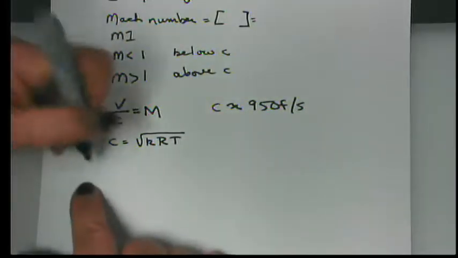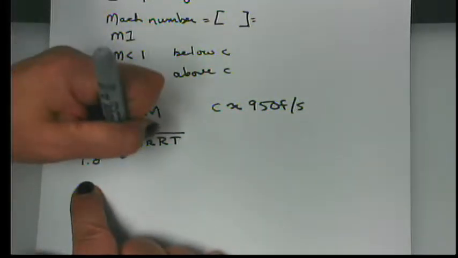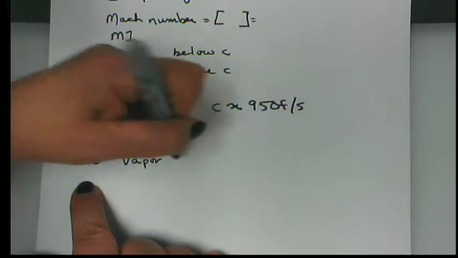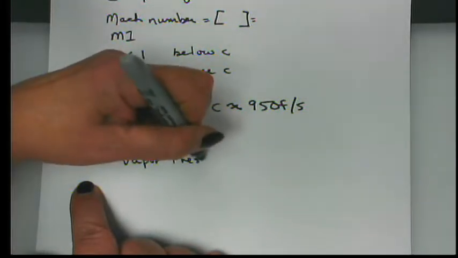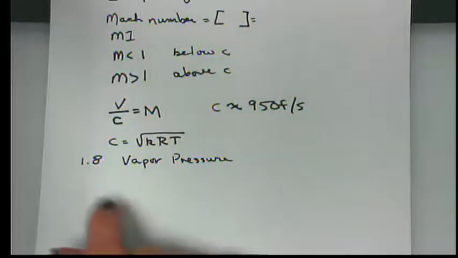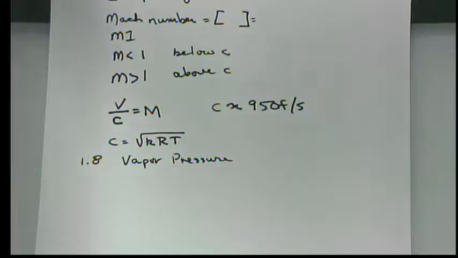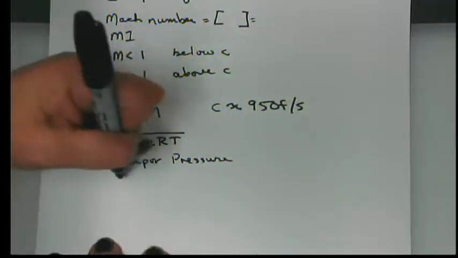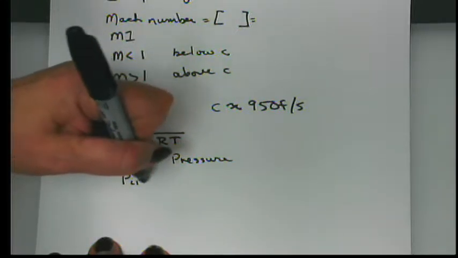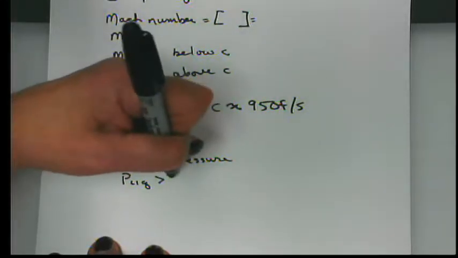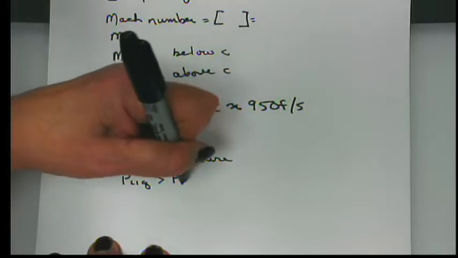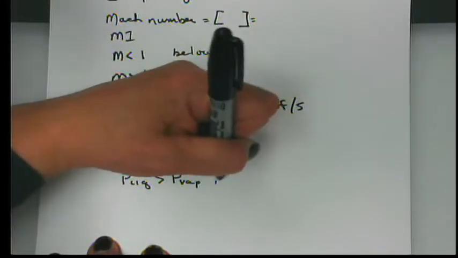Okay, in section 1.8, we talk about vapor pressure. And as you know, pressure and temperature have some functional relationships as well. But basically, suffice it to say, a liquid boils when the pressure is reduced to the vapor pressure. So if the pressure in a liquid is greater than the vapor pressure, it will not boil.